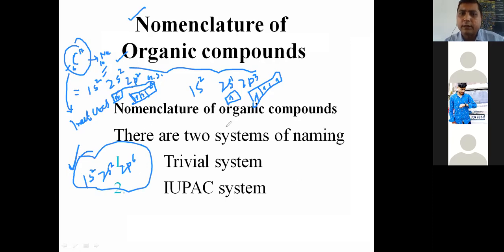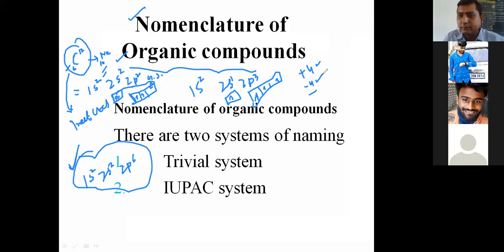So carbon has 4 valency, but 4 valency either +4 or -4. Who can tell me what is the meaning of +4 and -4 valency? +4 means losing any electron, and minus means gaining. Very good, exactly.